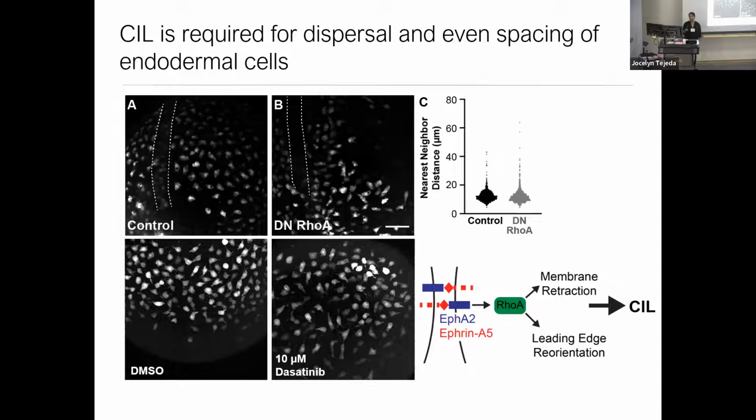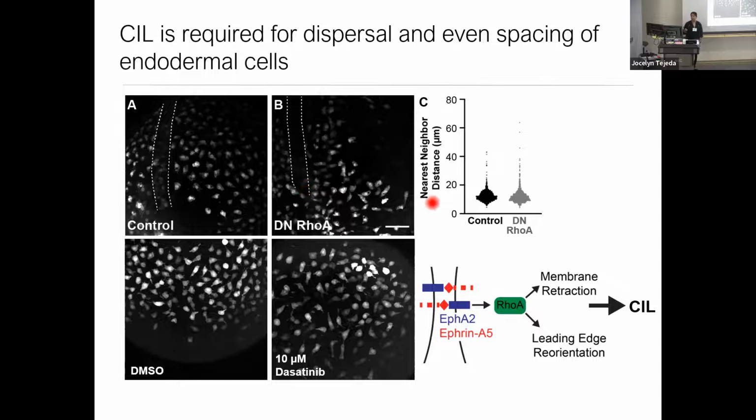If we turn off CIL, either with dominant negative Rho or with dasatinib treatment, we turn this very regular pattern into irregular clusters interspersed with cell-free gaps. So without these inhibitory interactions, you get a lot more irregularity in the placement of these cells.